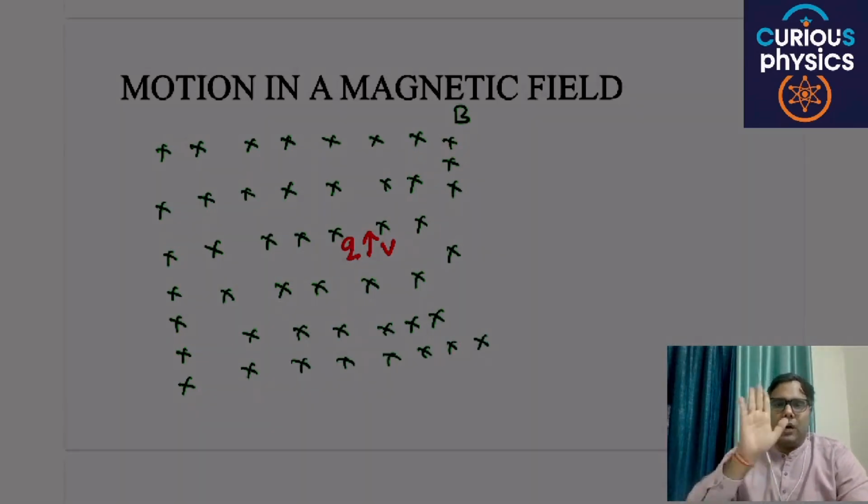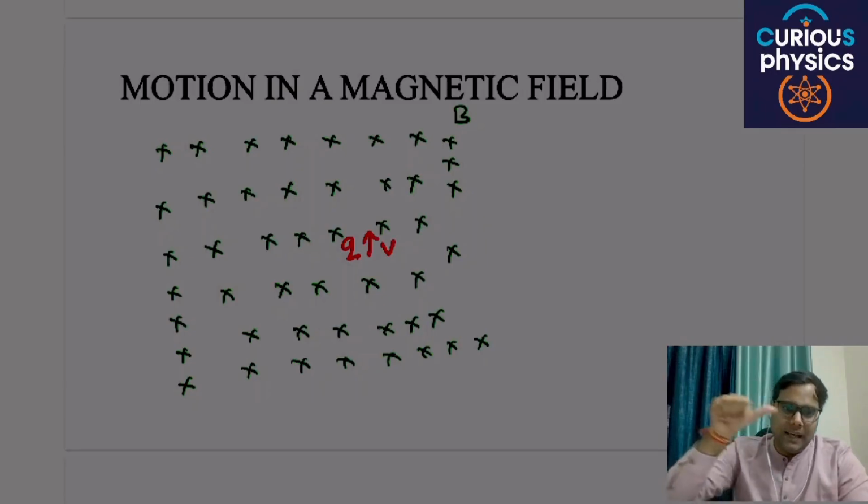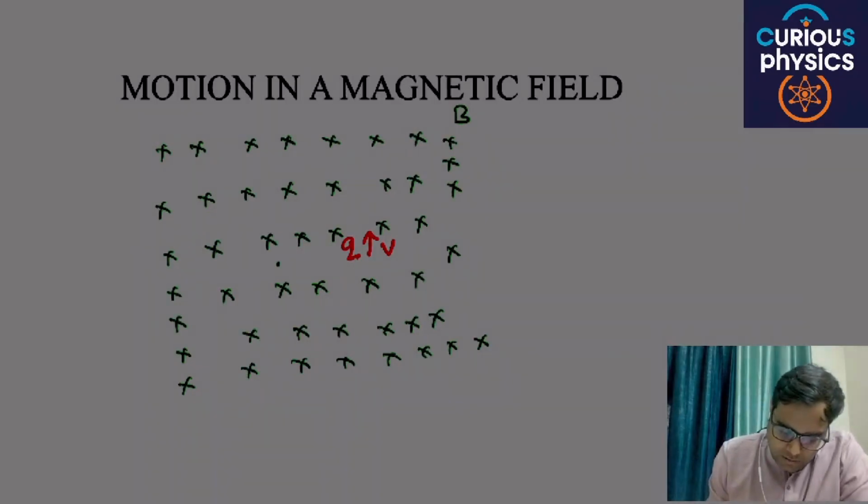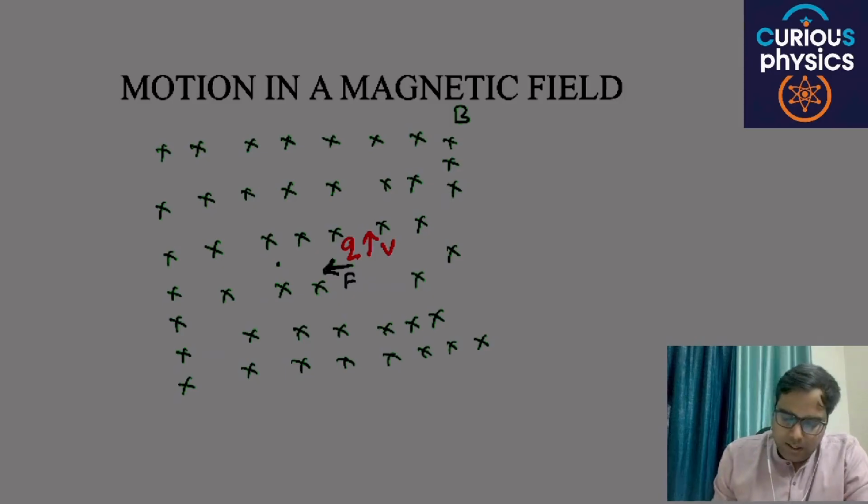V is in the upward direction and B is in the inward direction. So curl your finger from V direction to B direction like this, then that direction will be inward. So Fm, the magnetic force, will be towards the inward direction.